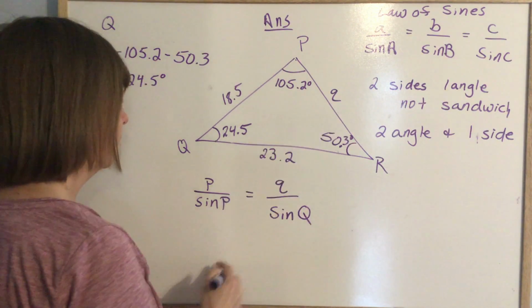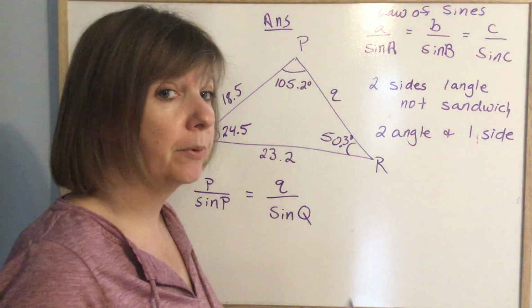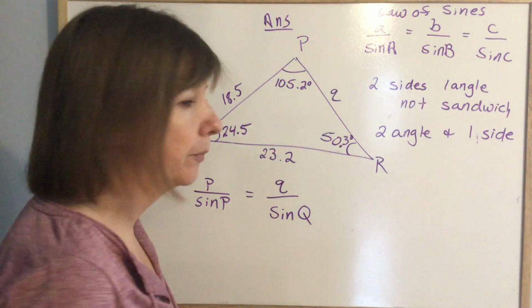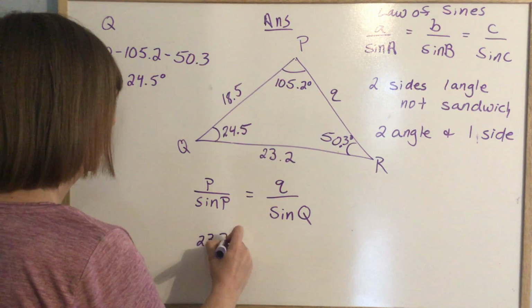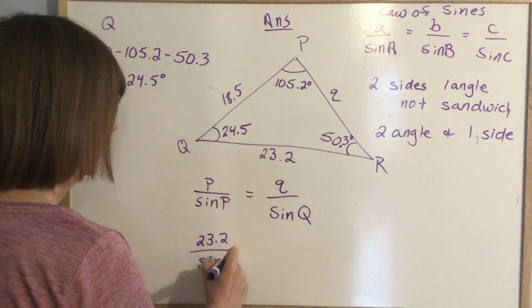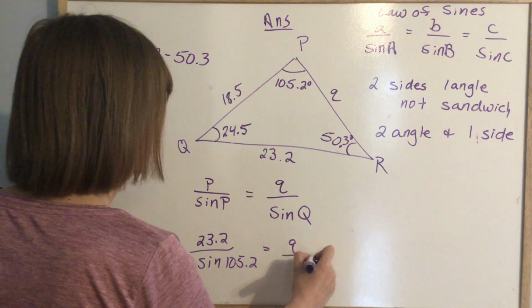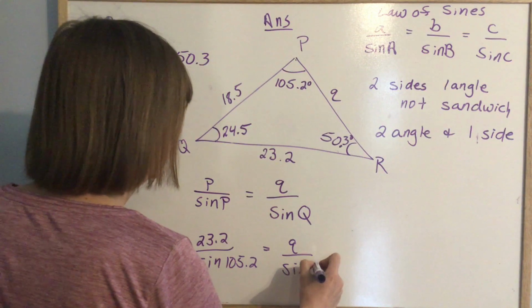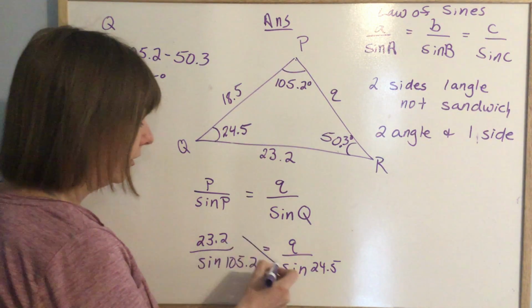All right, and I'm looking for this little one. So I still have to use one number that I figured out, but it's one number versus two. So I'm going to do 23.2 over sine of 105.2 equals Q over sine of 24.5. So again, I'm going to cross multiply.